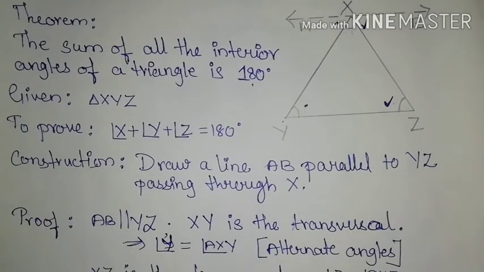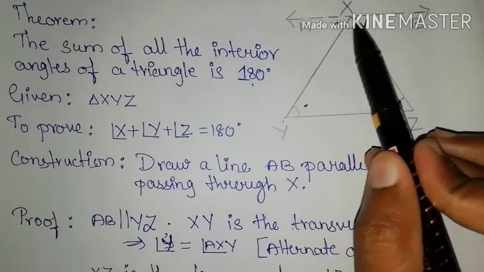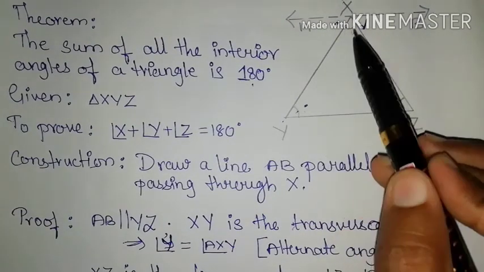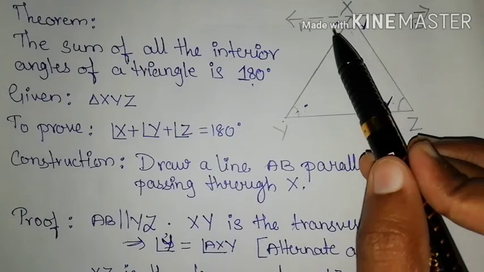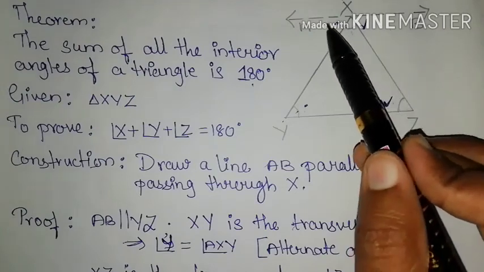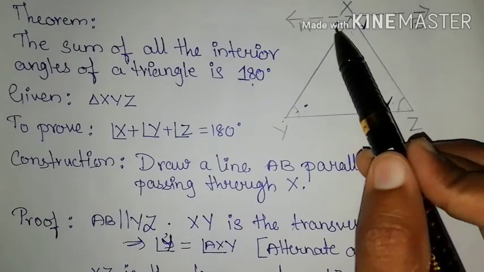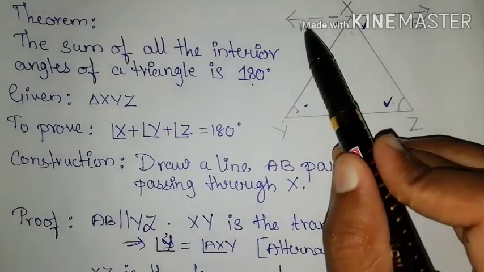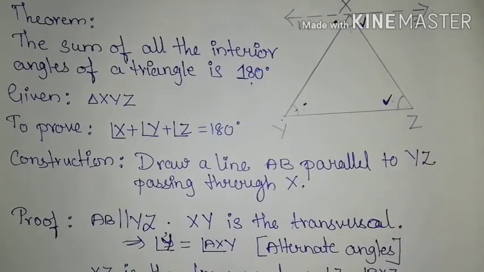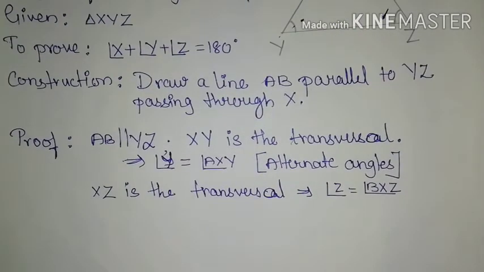So if you look at the figure, AB is a line and these are the two line segments standing on the line which form three adjacent angles. Since the three adjacent angles are formed on top of a line, their sum will be equal to 180 degrees because they are a linear pair.